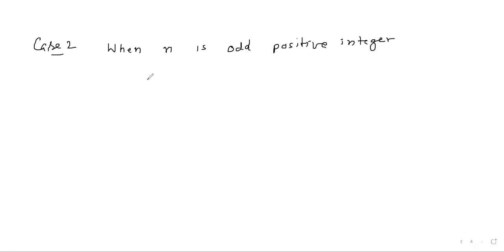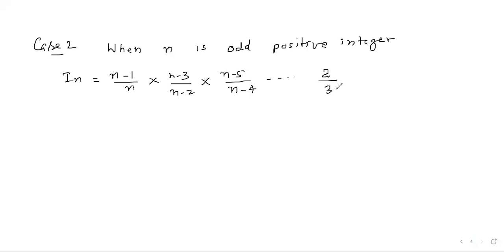In that case, I_n will be equal to (n minus 1) upon n into (n minus 3) upon (n minus 2) into (n minus 5) divided by (n minus 4) and so on. And the last term will be, since n is odd, 2 by 3 into I_1.